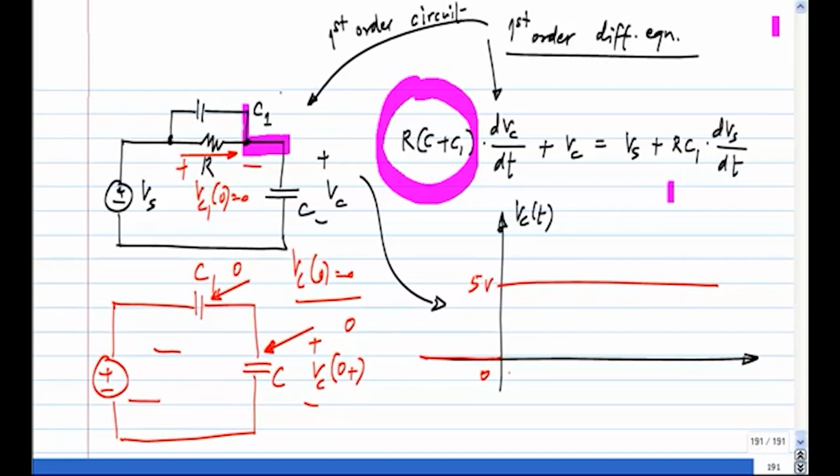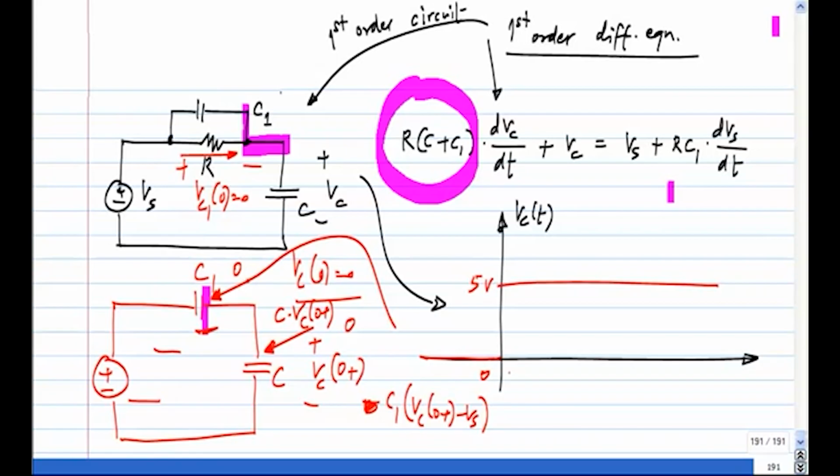The charge on this will be C times Vc of 0 plus, and the charge on this will be C1 times Vc of 0 plus minus Vs. That's the charge on this plate. Those two have to be equal and opposite, since the charge cannot go anywhere else from these plates, so the sum of those two has to still be 0.